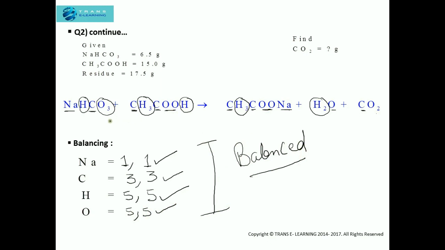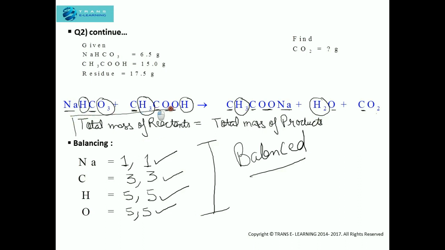As this equation is balanced, now we can apply the law of conservation of mass, which is total mass of reactants is equal to total mass of products. So now let us find the total mass of reactants and the total mass of products so that it's easy for us to substitute the values in this equation.